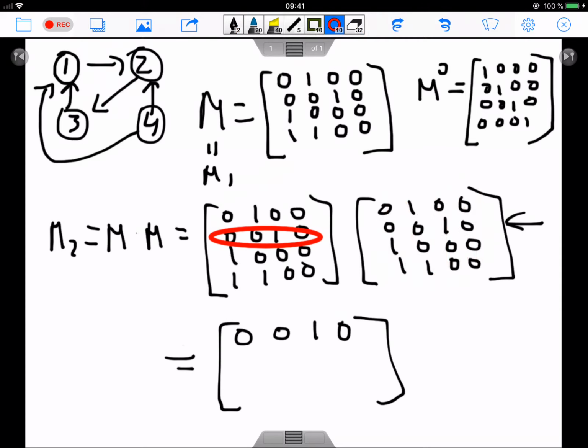And again, we only have one 1 in the whole row, so we are going to select this row here because we have a 1 here in the third position, and that is the one that is going to multiply the elements in the third row of the matrix.